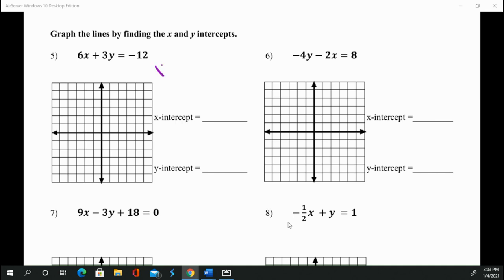So first we want to find the x-intercept. Substitute the value of y equals 0. Solve the one-step equation.